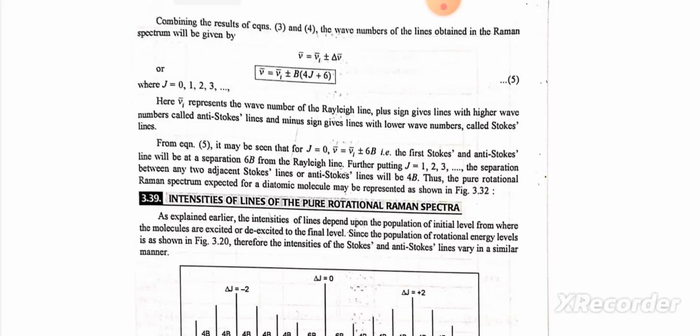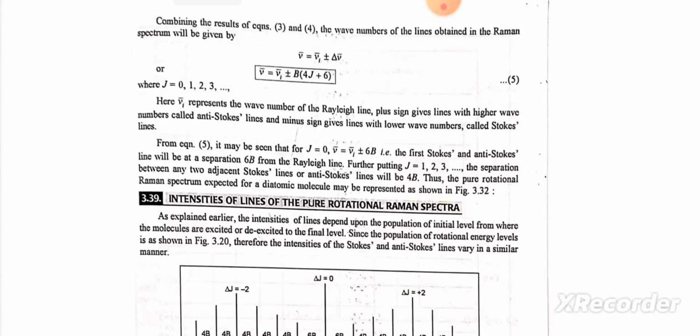Hence, here mu I represents the wave number of the Rayleigh line, the plus sign gives lines with the higher wave number called anti-Stokes lines, and the minus sign gives lines with the lower wave number called Stokes lines.